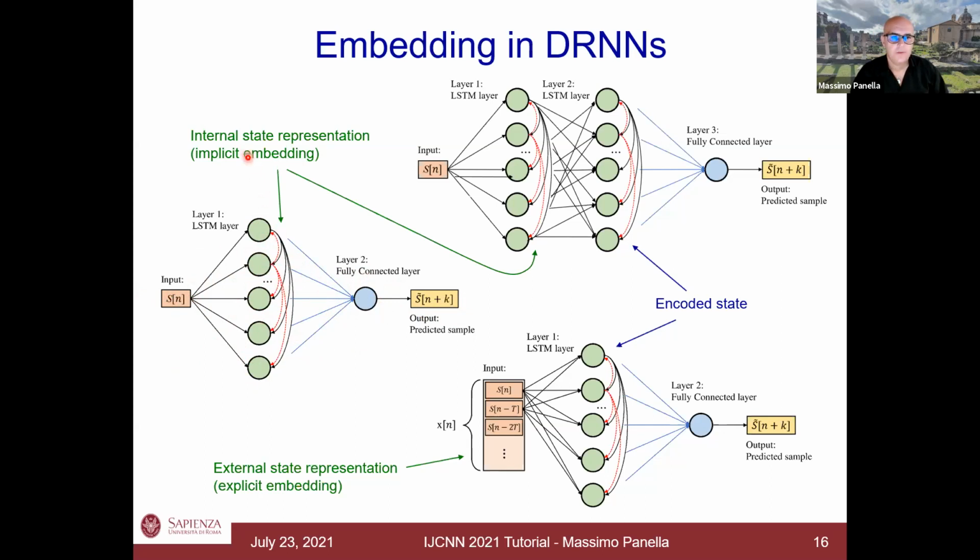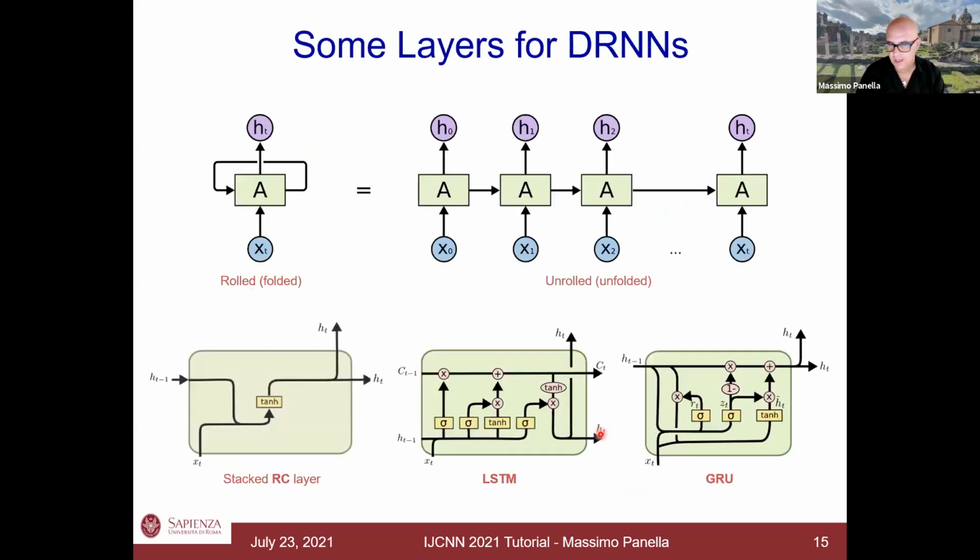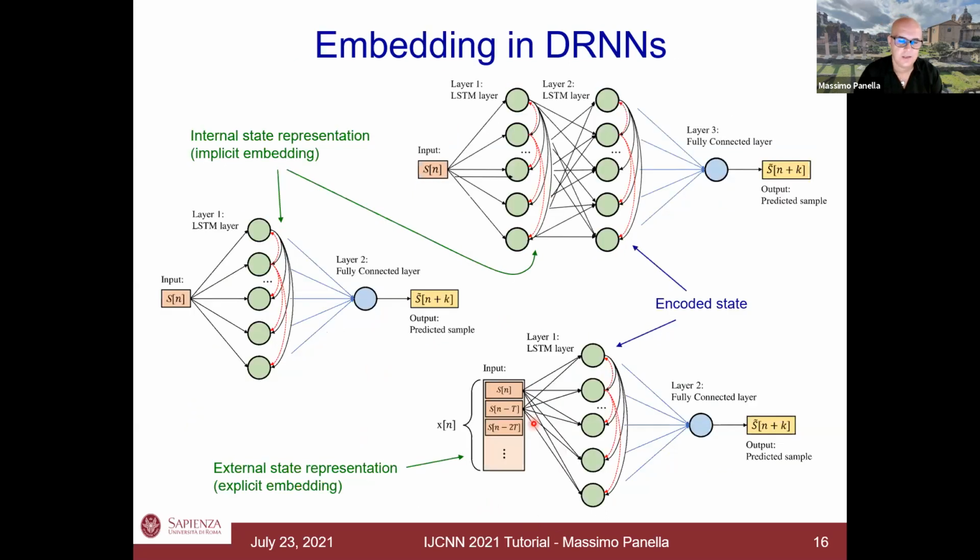The embedding, so the internal state representation, is obtained implicitly as the output of the hidden state of the LSTM layer, h_t, which is the output. While the cell state is only used internally in LSTM for managing the four kinds of cells within each LSTM layer.